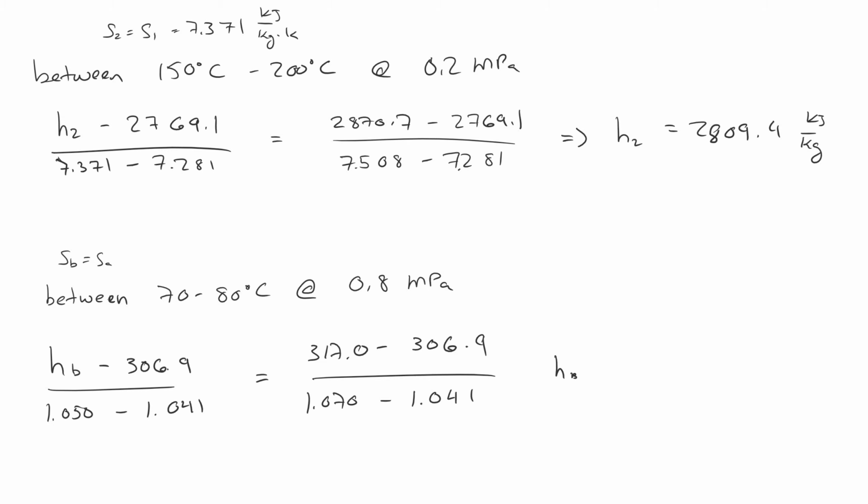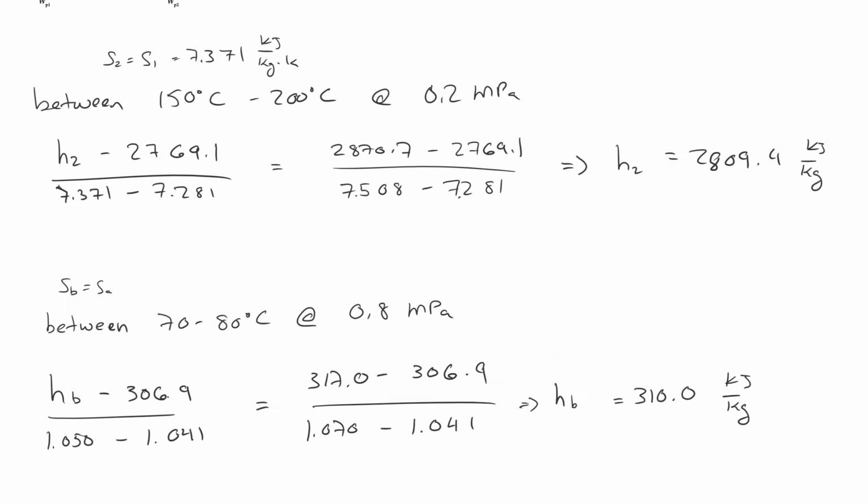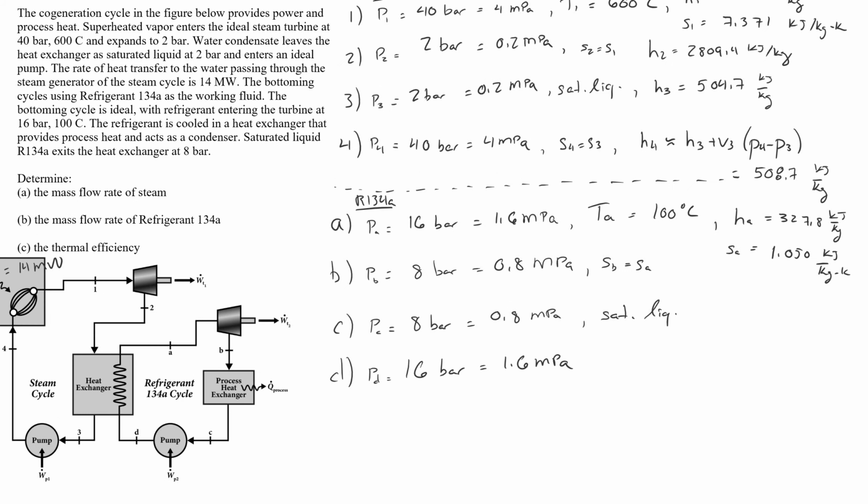That gives me H sub B of 310.0. All right.